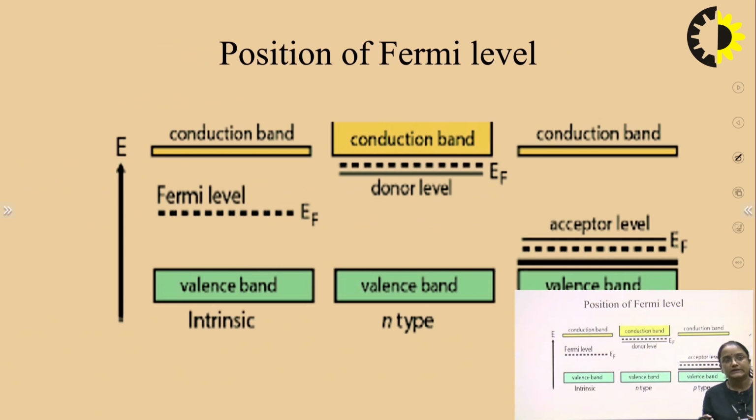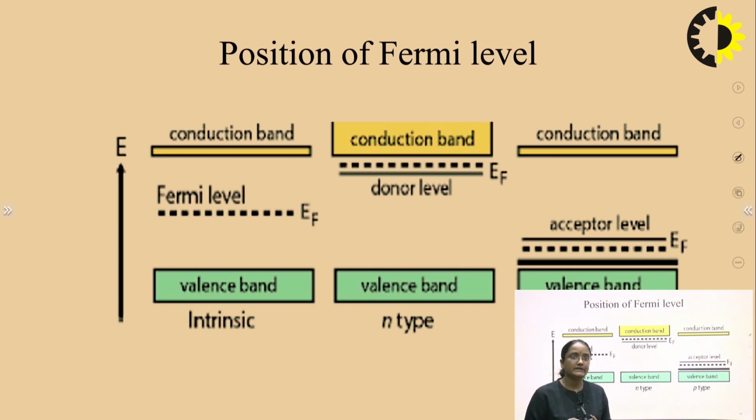So, based on the position of the Fermi level, how are we classifying our devices? First of all, what is the Fermi level? Fermi level is the highest energy level occupied by an electron.